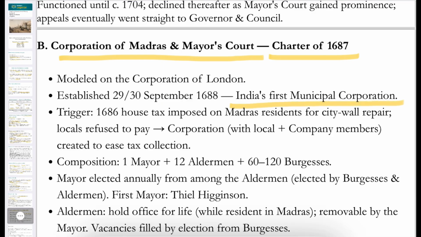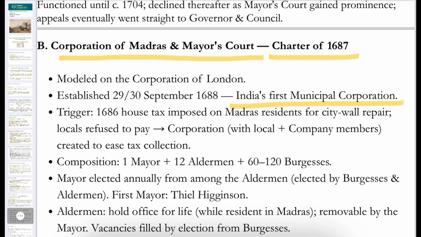In the year 1688, the Corporation of Madras was created, which was India's first municipal corporation. Its purpose was that the Madras government had imposed a house tax on residents to fund the city wall repairs. But locals refused to pay, so creating a formal corporation with local Indian members alongside company officials made tax collection easier and more legitimate also. So this was the whole purpose of this.